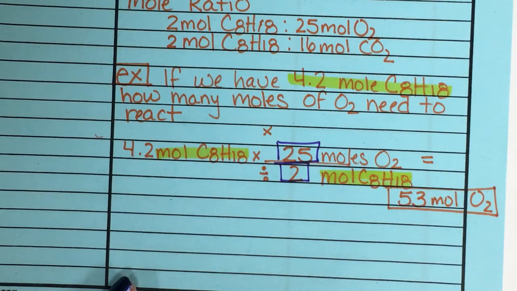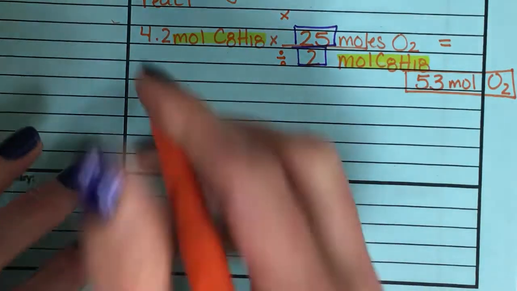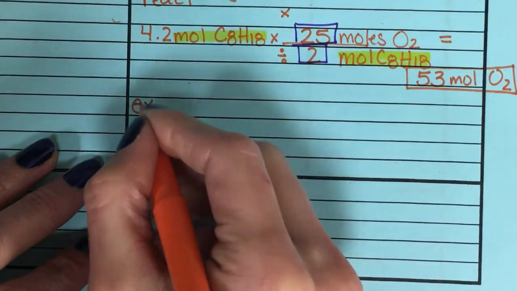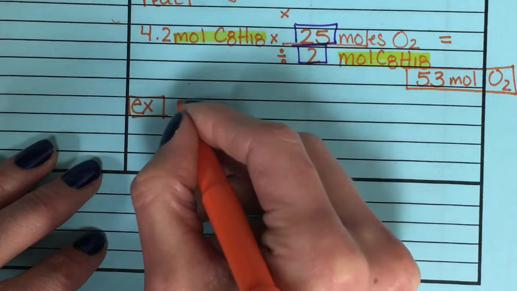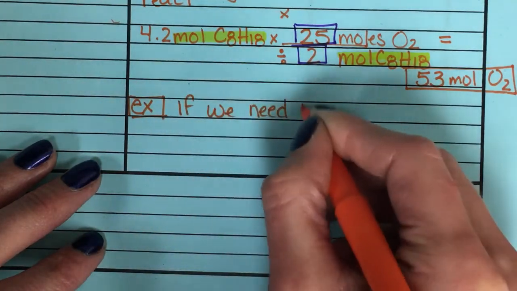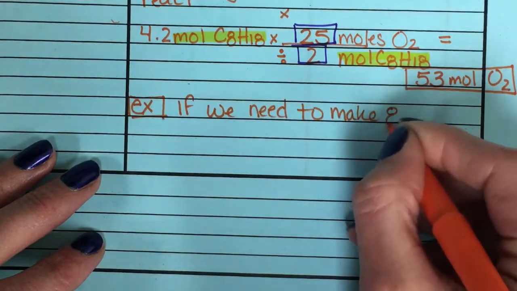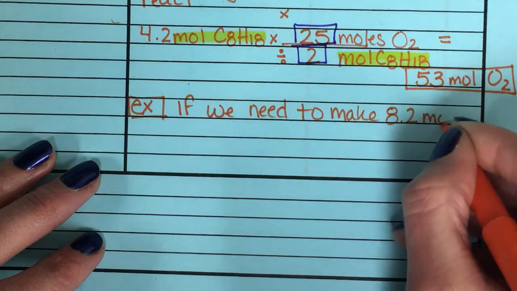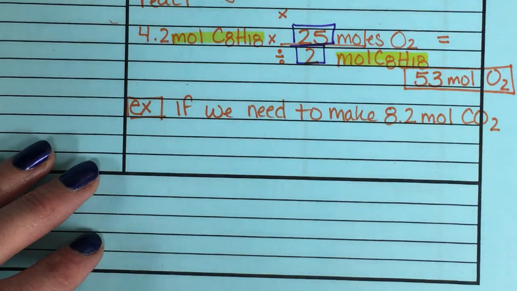Okay, so let's go ahead and try another one. Okay, what if we need to make 8.2 moles of CO2?